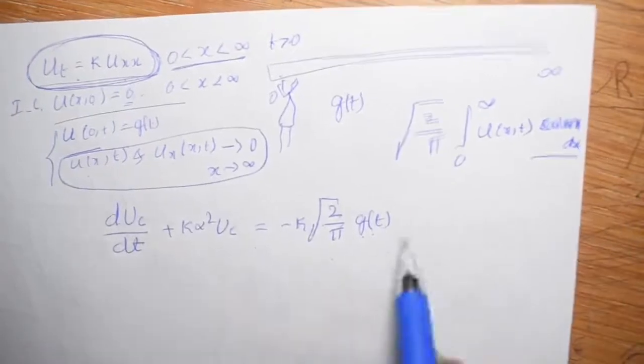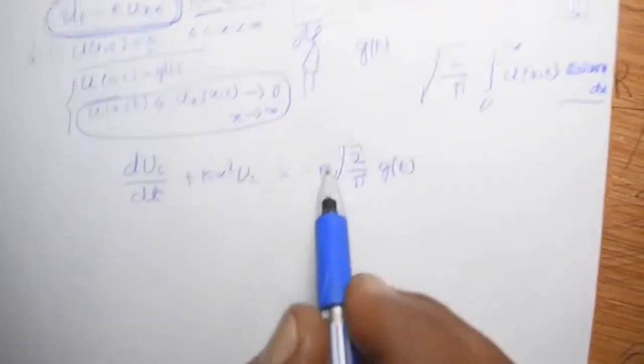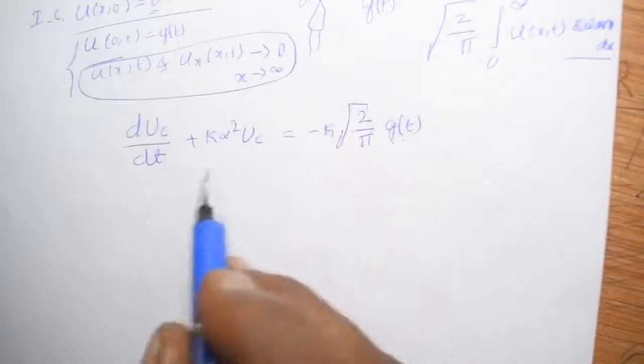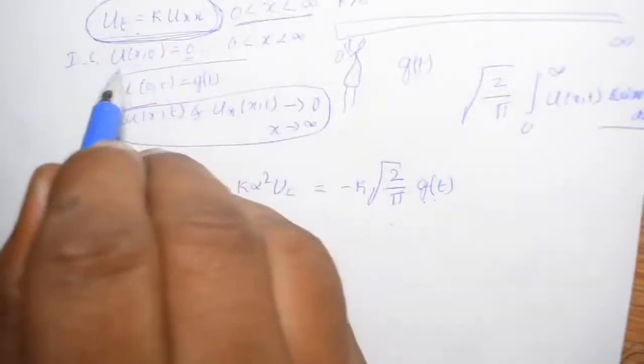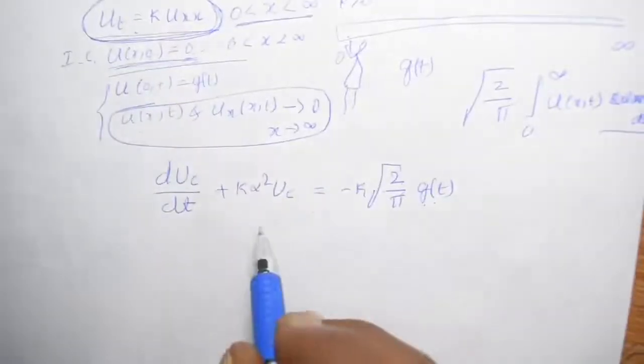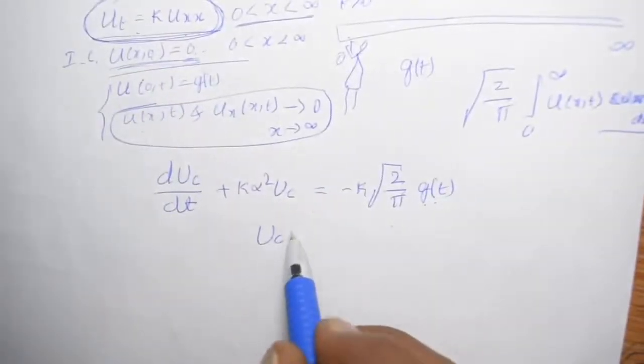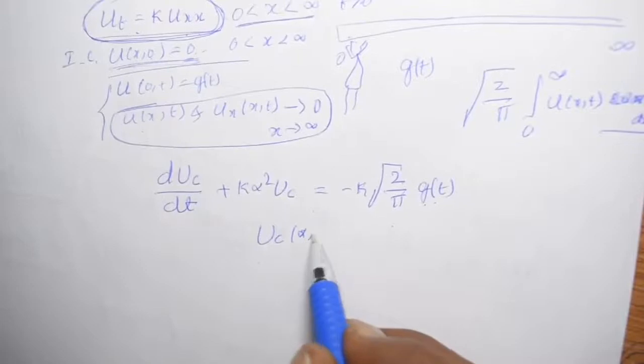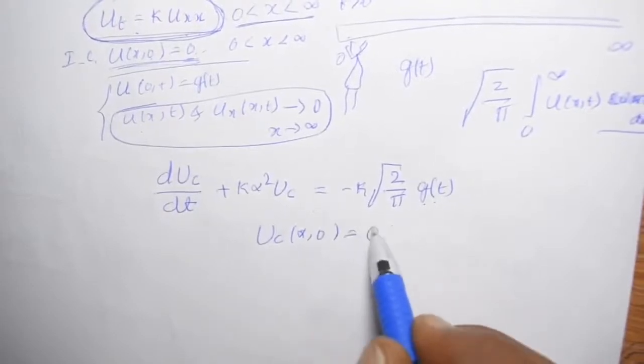So by applying that, you are going to get this differential equation, and the initial condition is simple. After applying the Fourier transformation, you get capital U_c of alpha comma 0 is equal to 0.